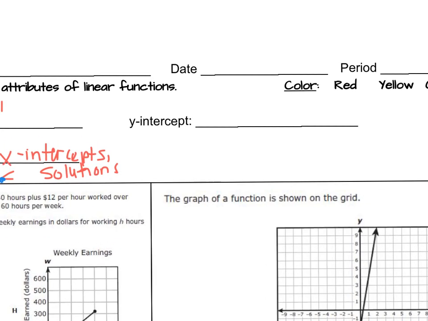And then y-intercept is, of course, where it crosses the y-axis. So whenever we're looking at a graph, where does it cross the y-axis?